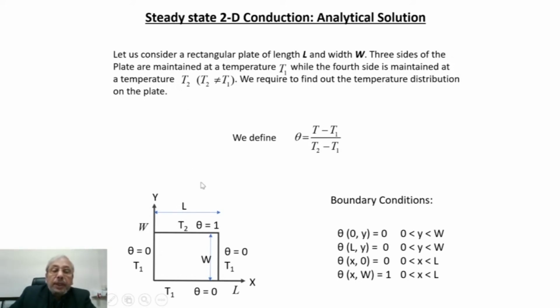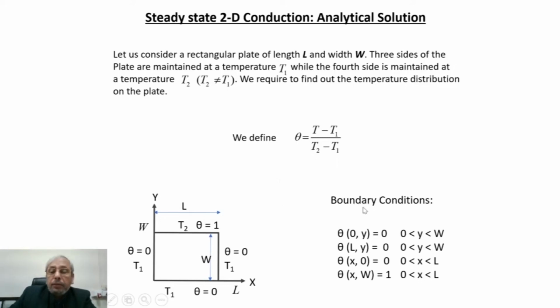It is quite obvious. Therefore, we now define a non-dimensional temperature, which is (T minus T1) divided by (T2 minus T1), so that anywhere on the plate the temperature varies between 0 and 1.